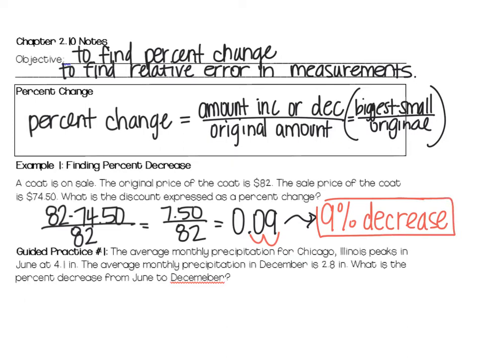Guided practice number 1, I want you to do biggest minus smallest, 4.1 minus 2.8, divided by original, 4.1. Do that and tell me your percent decrease.